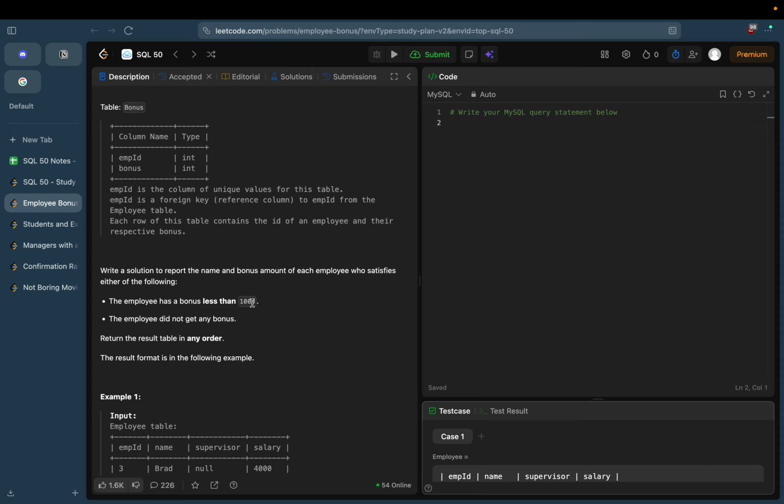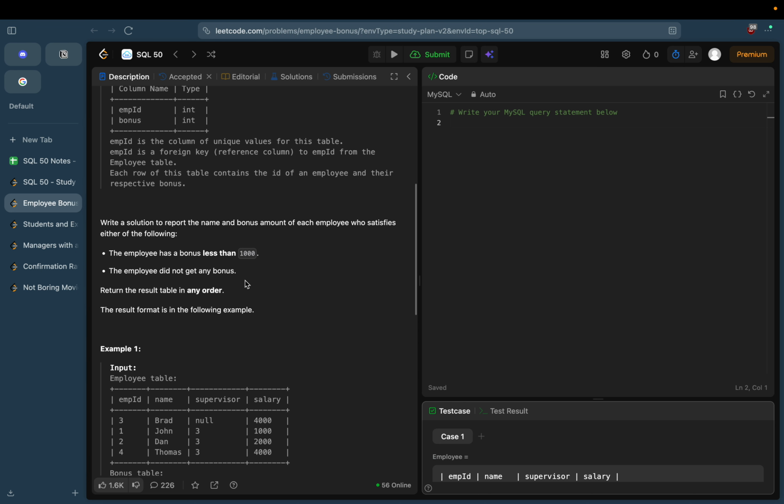Yep, the value is either less than 1000 or it is simply not present. So while applying this condition, we only want to apply it on the bonus table, so it won't be a joining condition. It would be somewhere lying in the where clause for the bonus table, and hence we'll get a solution. All right, so this is helpful enough.